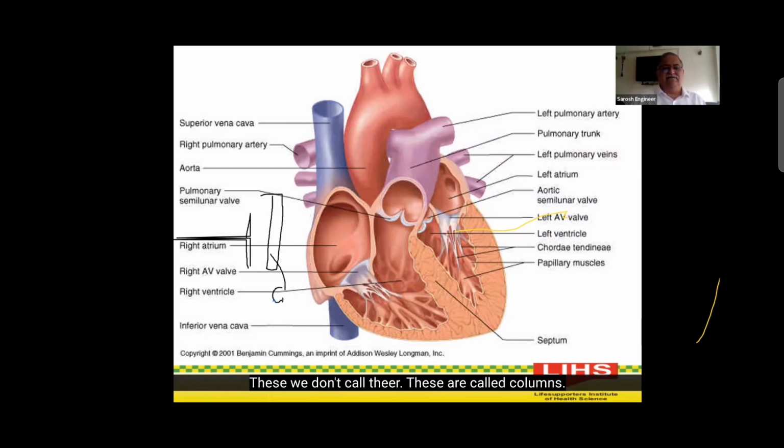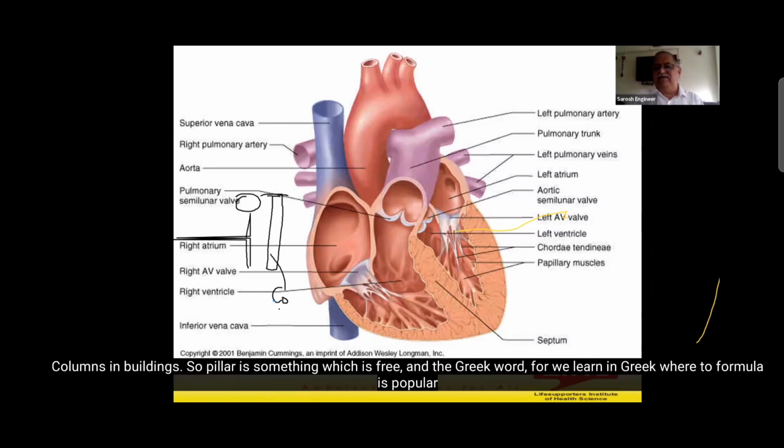These we don't call pillar. A pillar does not have an upper end which is attached to anything. Upper end is free. If the upper end is attached to something, then the word used is column. And therefore, there are lots of RCC columns in our buildings. So pillar is something which is free. And the Greek word for pillar is papilla.